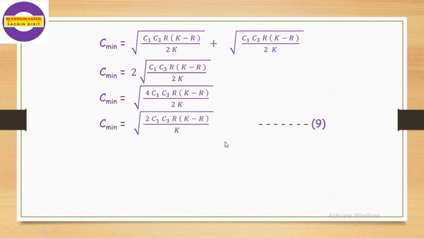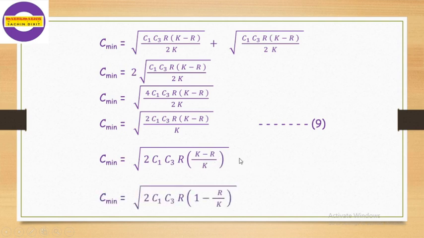Again one 2 gets cancelled out and we get the value of C minimum as under root of 2 C1 C3 R into k minus r divided by k, equation number 9. Just rearrange the terms. So we get C minimum is equal to under root of 2 C1 C3 R into k minus r divided by k. Taking k separate, we get this root term as C minimum is equal to under root of 2 C1 C3 R into 1 minus r upon k.